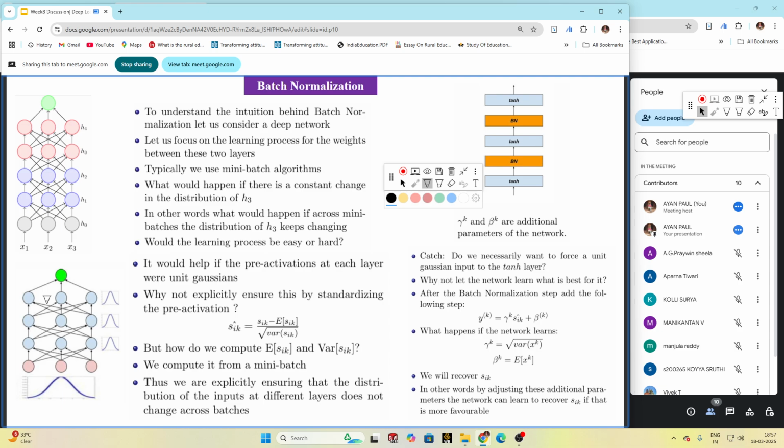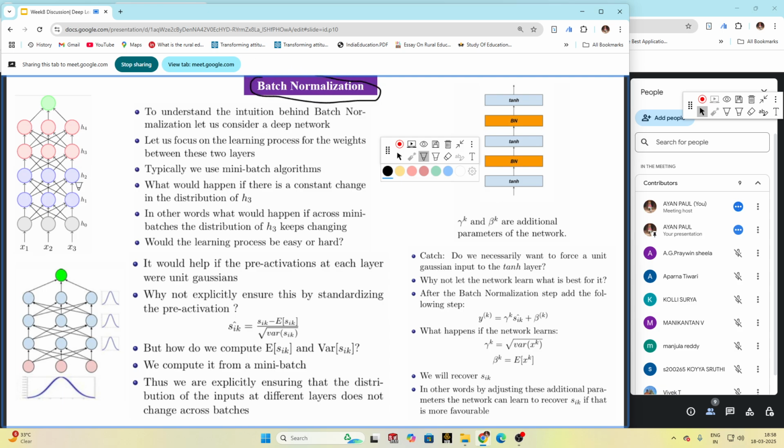Your data changes from the original distribution. Your original distribution can be Gaussian, but after applying the activation function, the distribution in the hidden layer is disturbed abruptly. So to avoid this, we use a technique called batch normalization.